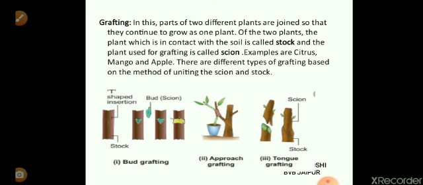We will use the stock of the plant which has a good root system, and the plant which is used for the shoot part is known as scion. The scion we will use from the plant which has good quality of fruits and seeds. Examples where grafting is done are citrus, mango, apple.